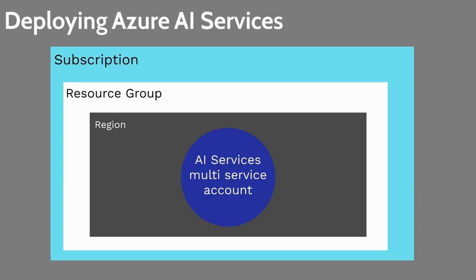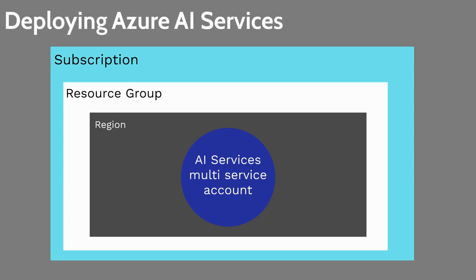Now, you can deploy those services that we spoke about individually, or you can just deploy the multi-service account, and that will enable you to access most of the services that we saw in the previous slide. So this is a much more efficient way of dealing with the service endpoint, and therefore we will be using that. So in the video demonstration that will follow this content, you will see how I will deploy the multi-service account in my own subscription.